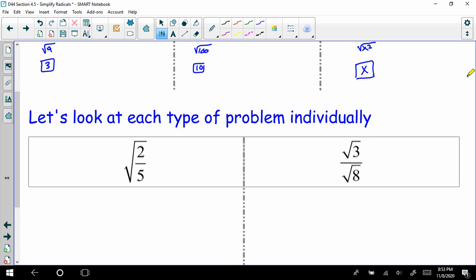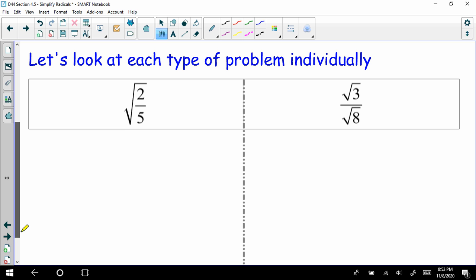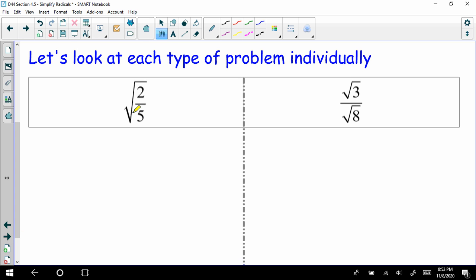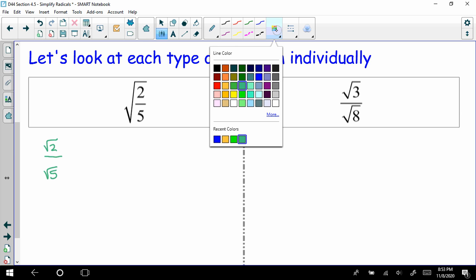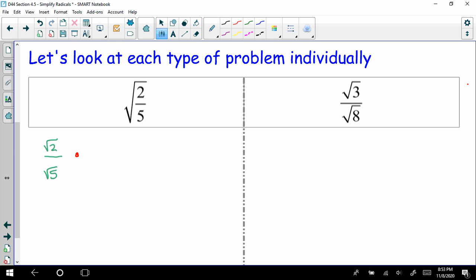Working with the ratios. So we're going to work on our rationalizing technique now. So first thing, take the fraction and separate this into the radical of the numerator over the radical of the denominator. Then we're going to end up multiplying by a quantity of 1. This is what we call rationalizing the denominator. So you look and see what is in the denominator, and you use that as your multiplier.